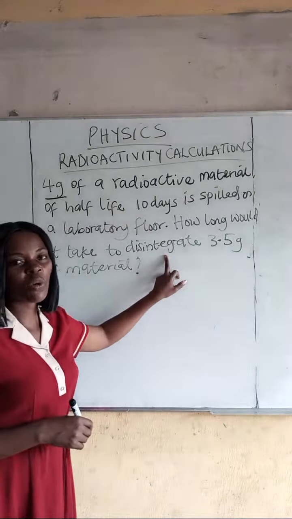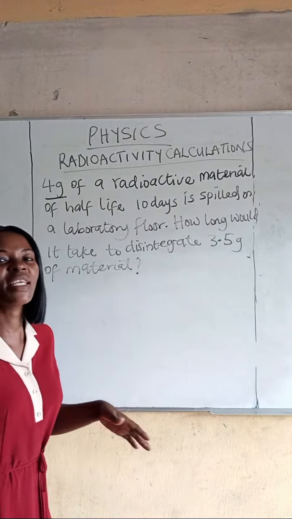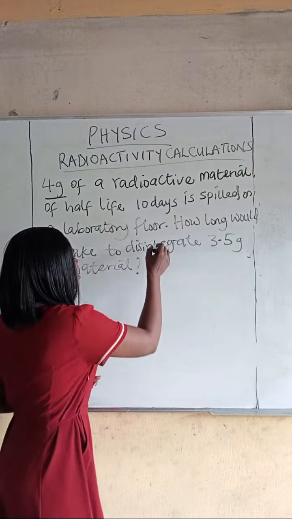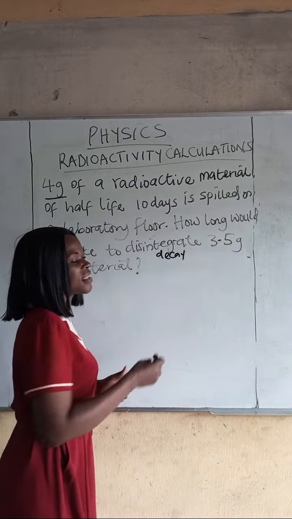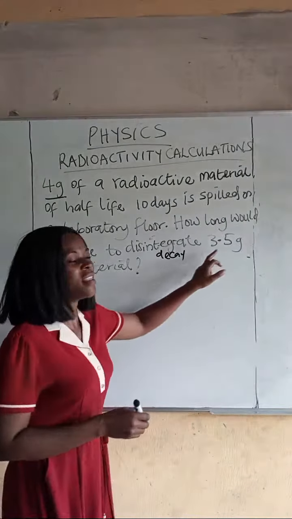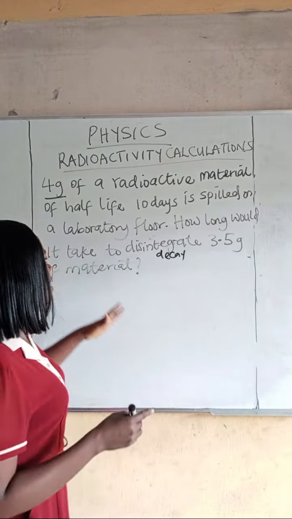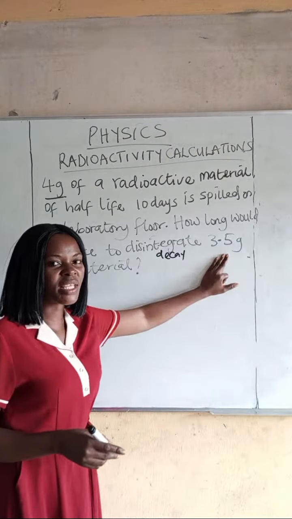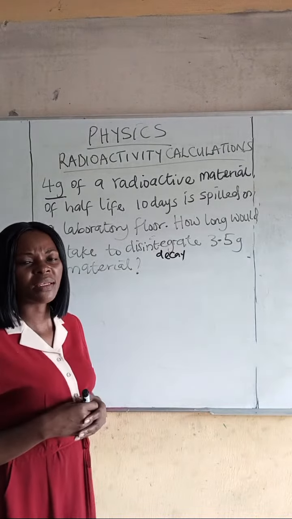The word disintegrate, what does it mean? To decay. So this is the same as saying to decay 3.5 grams of the material. If 3.5 grams of the material should decay out of 4 grams, how many will remain?